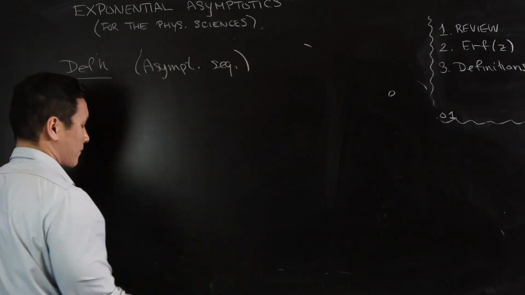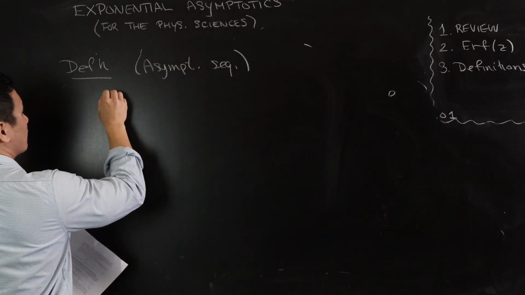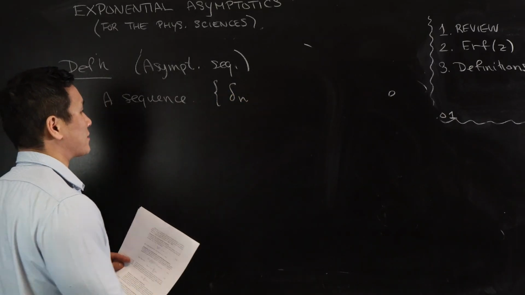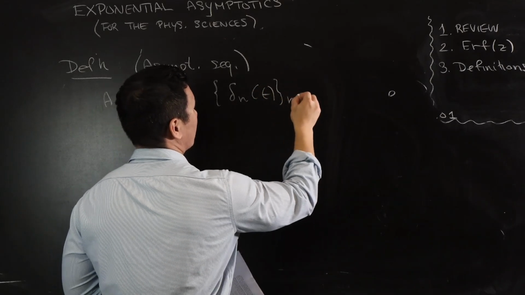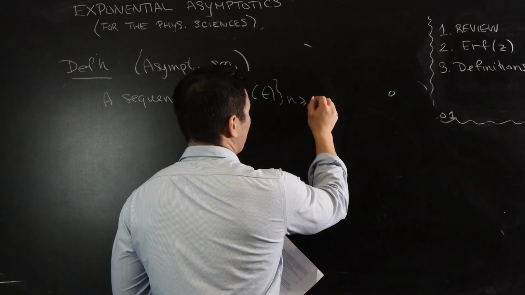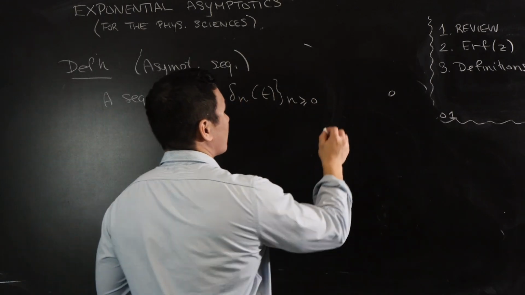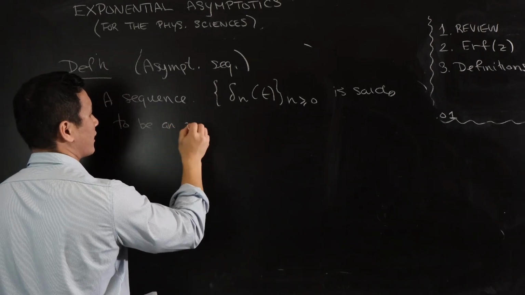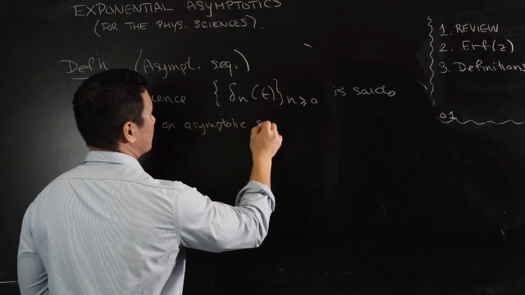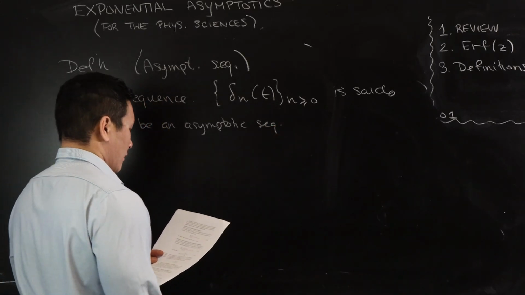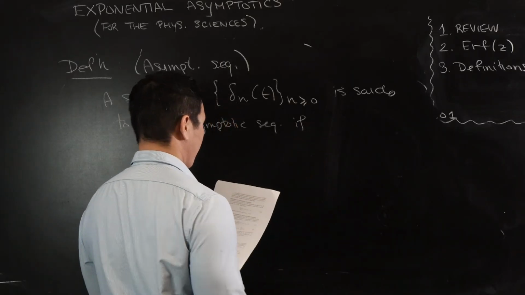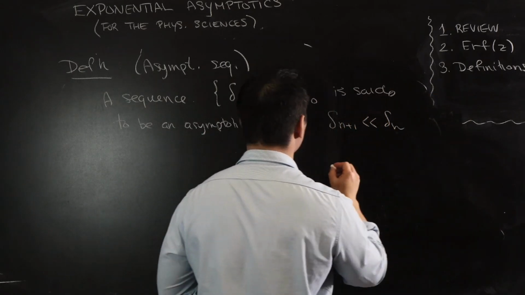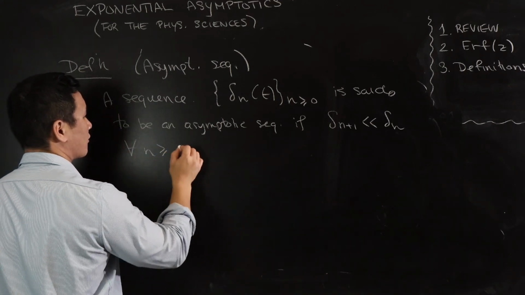Asymptotic sequence. Okay, so a sequence, and let's index it by delta n of epsilon, going through the positive integers, is said to be an asymptotic sequence if delta n plus 1 is always much less than delta n for all n greater than or equal to 0.